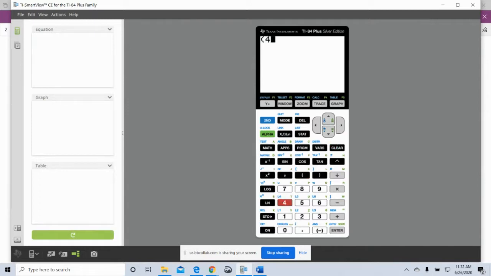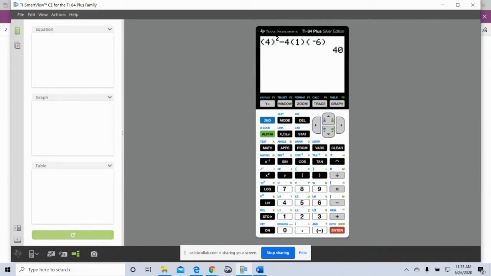So I'm going to type in parentheses 4 squared minus 4 times 1 times the negative 6. Notice I'm not typing in that square root radical because I just want to know what the radicand is, just the part under the radical, and it's 40.